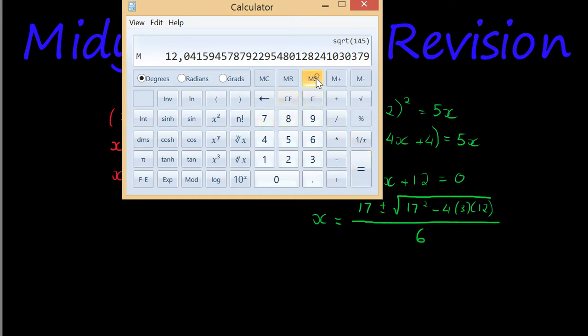So that's what I'm going to store in my calculator. I store it in my memory, and then I'm going to say 17 minus, recalling my memory, divided by 6 gives me 0.83.